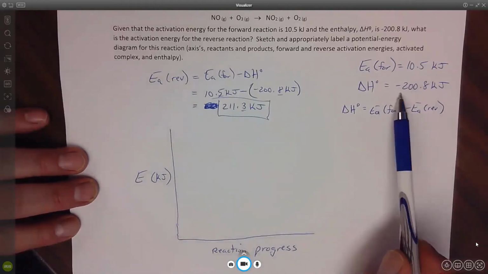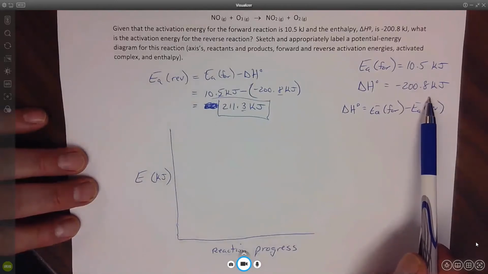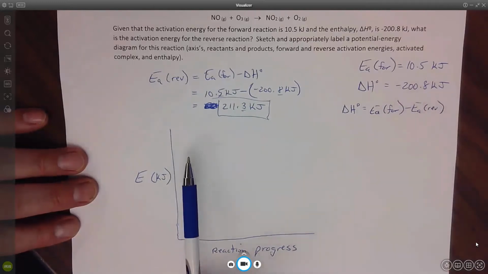Did the reactants gain or lose energy? They lose energy. So should I put the reactants higher than the products, or the products higher than the reactants? Reactants higher than the products. Yeah, right, because it's going to lose energy.